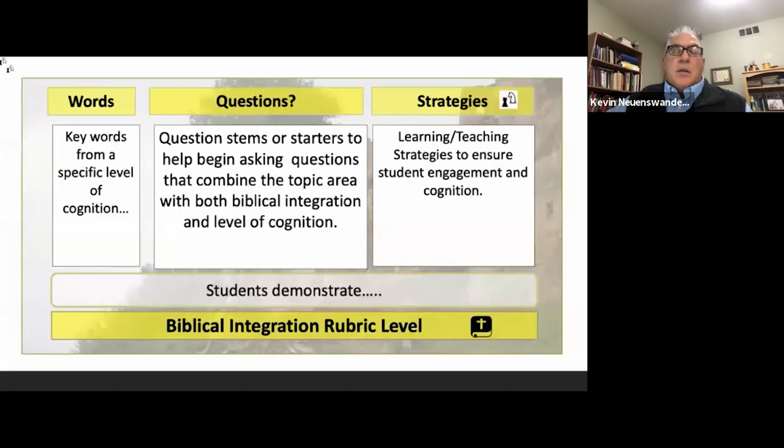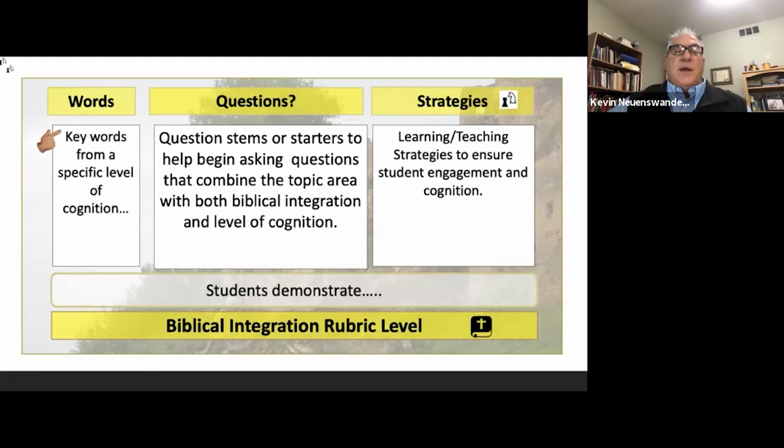So here's the way that you're going to see each one of the different levels of biblical integration. First, it has the level of integration at the bottom. Then key words. These are key words for the levels of cognition.